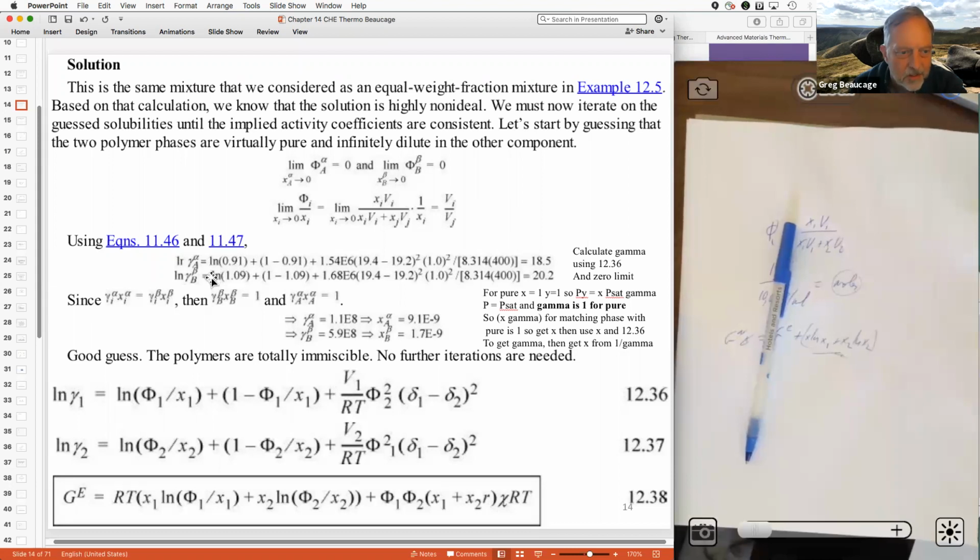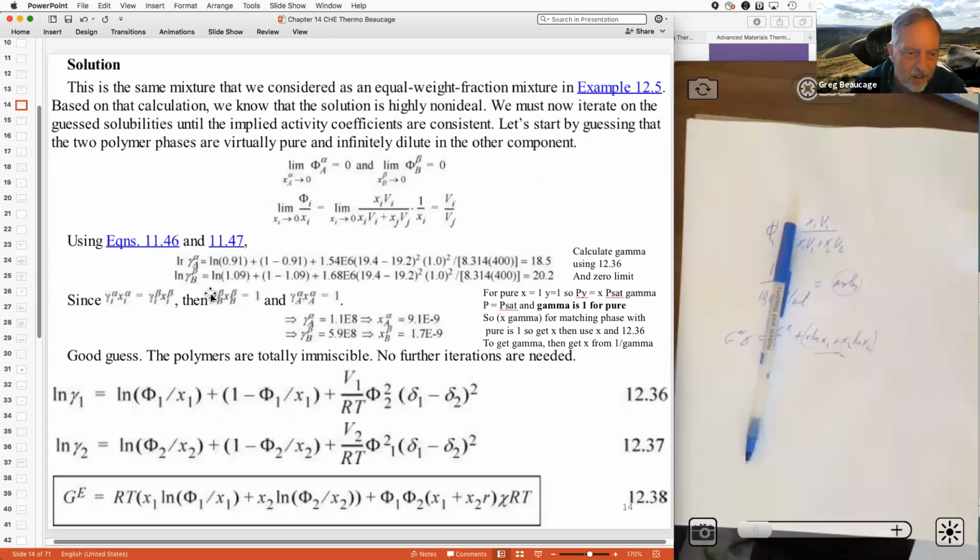So once you have the gammas, basically you can say it's immiscible at that point, but you can go on to get the compositions, right? Gamma 1, you take the exponential of that, you get gamma A, gamma B, and then because it's a pure phase, the beta phase is in equilibrium with alpha.